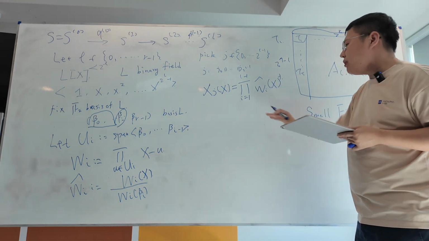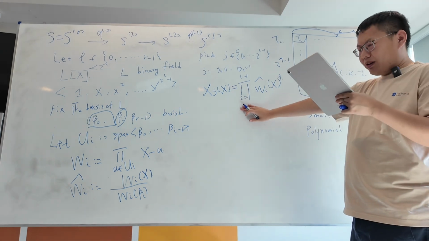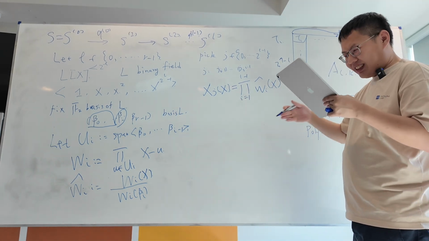The claim is that if you build this, then this polynomial will have degree j.